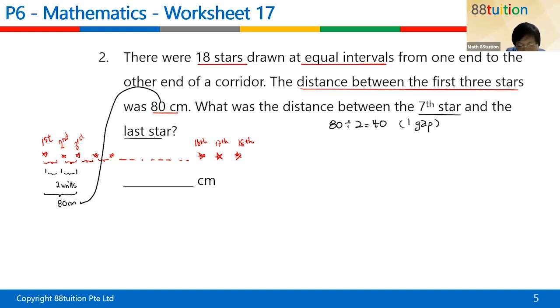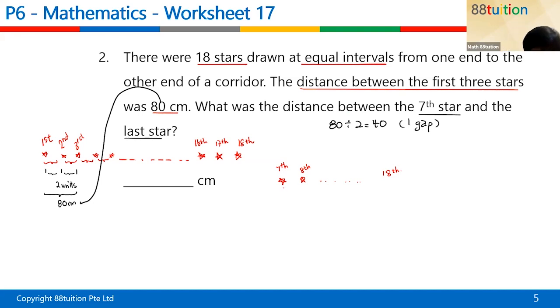Okay, so from the 7th, you can count 1, 2, 3, 4, 5, 6, 7. I'm going to redraw the stars from 7, right? Then I have 8, and so on and so forth, until the 18th star. Now my question is, how many units are there apart? How many units?